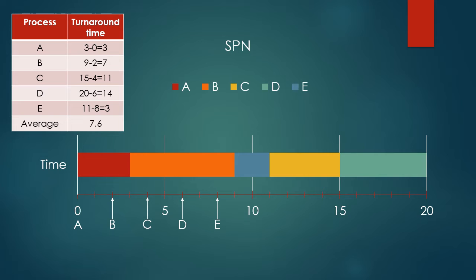D arrives at 6, completes at 20, turnaround time is 14. E arrives at 8, completes at 11, turnaround time is 3. The average turnaround time is 7.6.